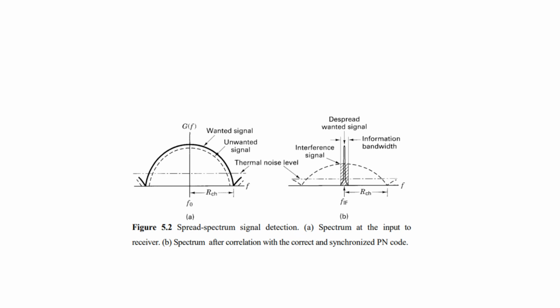And next, after despreading, the interference signals have low amplitude when compared with the desired signal. So throughout the spectrum, the unknown signal gets eliminated, and the needed signal, whose strength will be very high when compared with the unwanted signal, can be recovered.